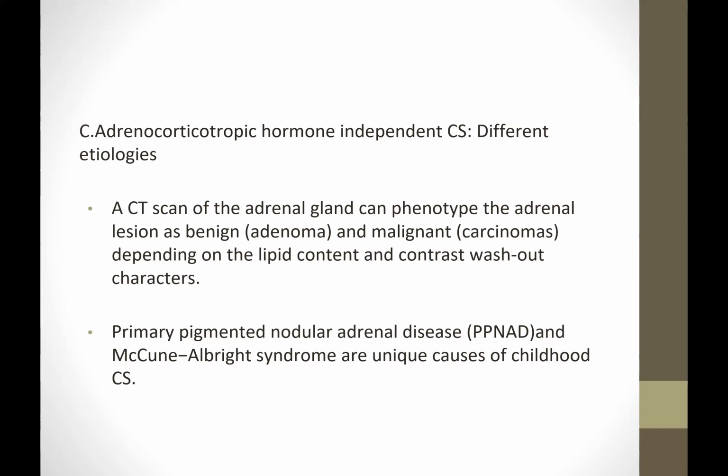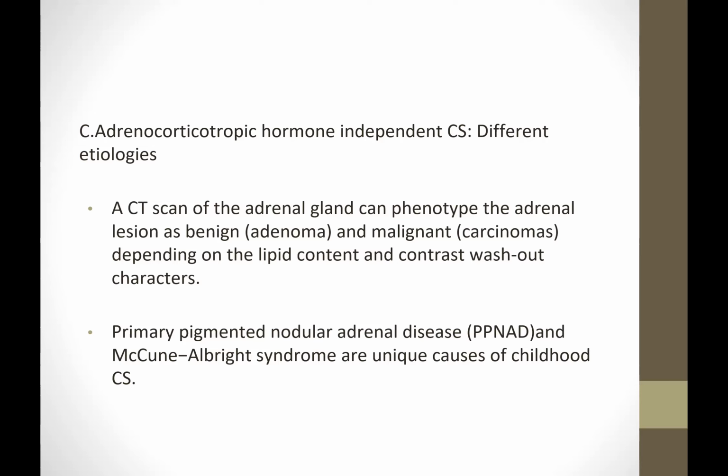So if at all you are in the group of adrenal related Cushing's, that is, ACTH independent Cushing's, that means primarily the adrenal gland itself is secreting more cortisol, not because of ectopic ACTH, not because of pituitary origin ACTH, not because of exogenous steroid.